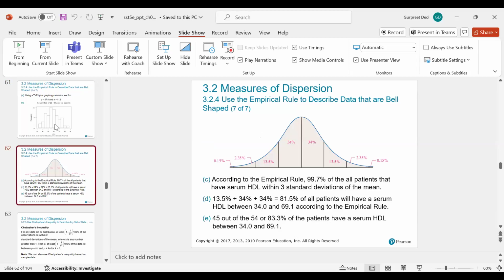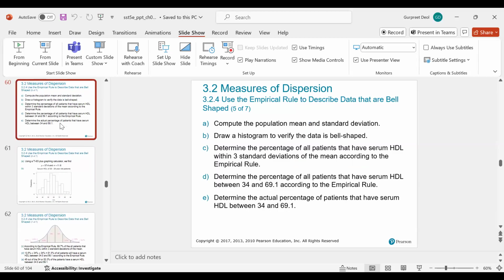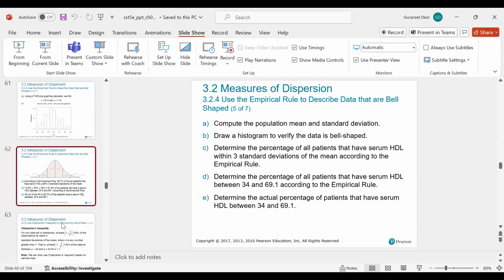And the D part says, determine the percentage of all patients that have serum HDL between 34 and 69.1 according to the empirical rule.